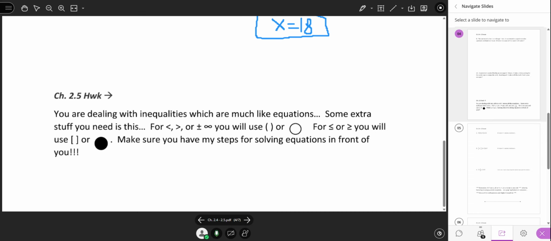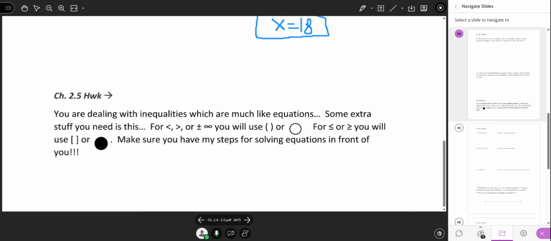So, chapter 2.5, inequalities. I think inequalities show up again in chapter 6, if I remember correctly. You're dealing with inequalities, which are a whole lot like equations with a little bit extra stuff.